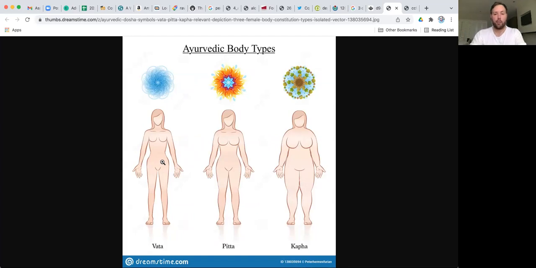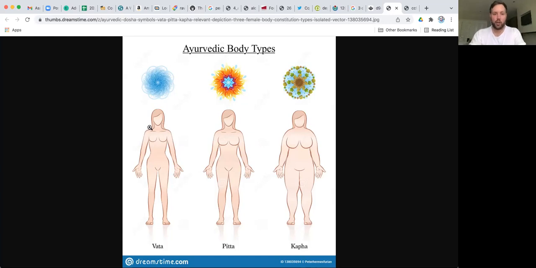They can be highly prone to anxiety. They might either talk a lot or think a lot, extremely busy minds. Very often they suffer from constipation, and they don't usually eat heavy or large meals.